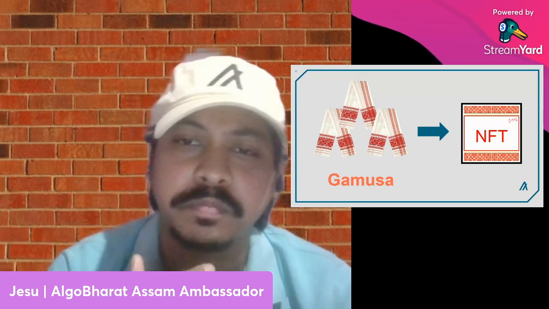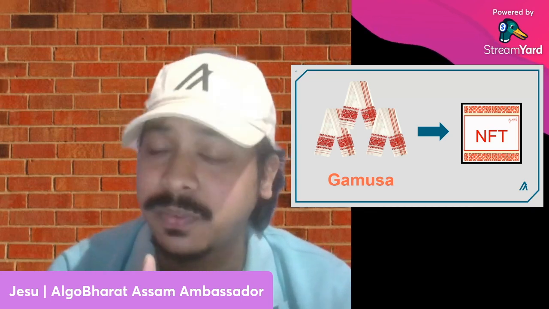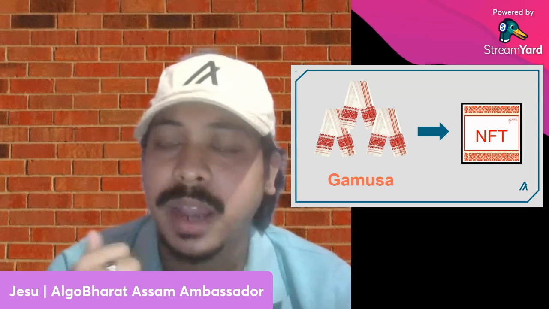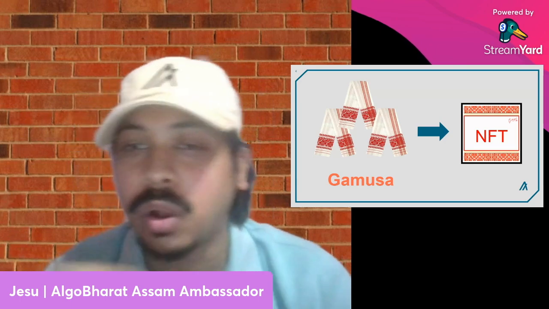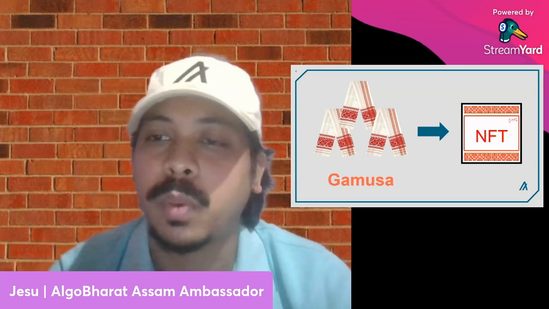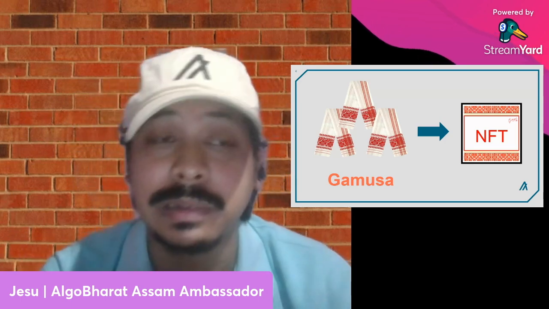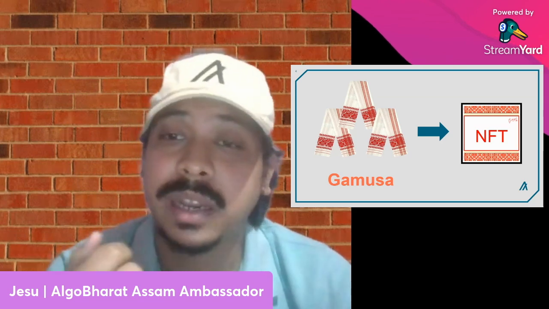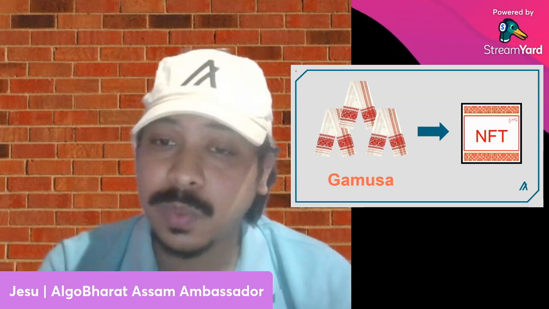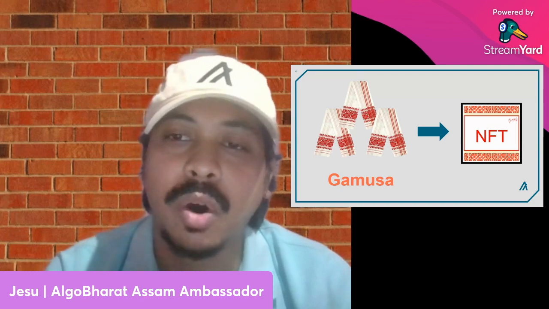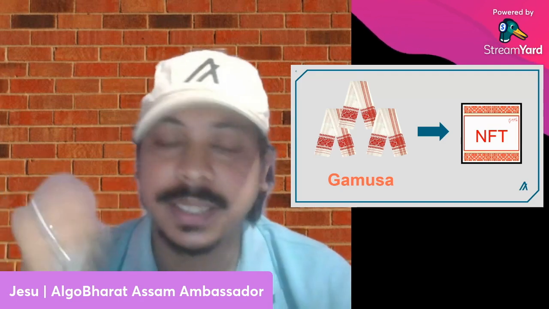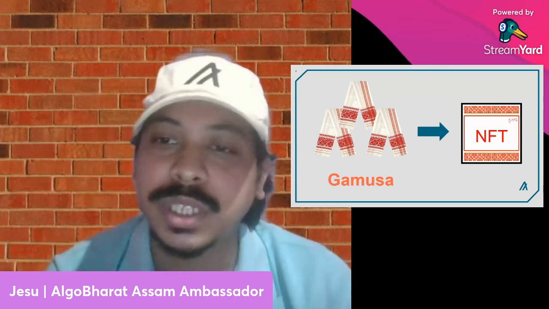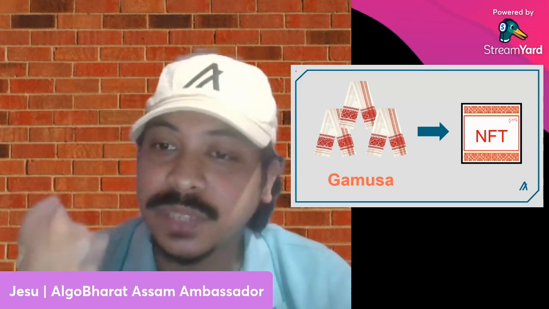So if you tag an NFT along with the gamusa and you scan it, you get all the details: when the gamusa was created, who created it, the exact location, the latitude and longitude where it was created. All these details, you get. Now, how do you trust all these details? Because it's deployed on a blockchain. So blockchain brings in the trust factor over here.